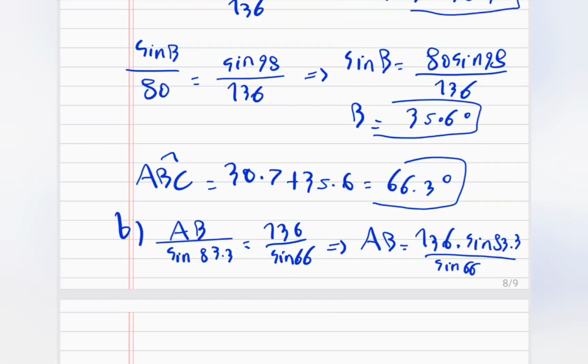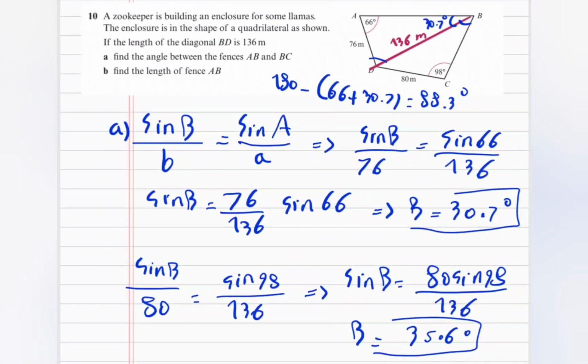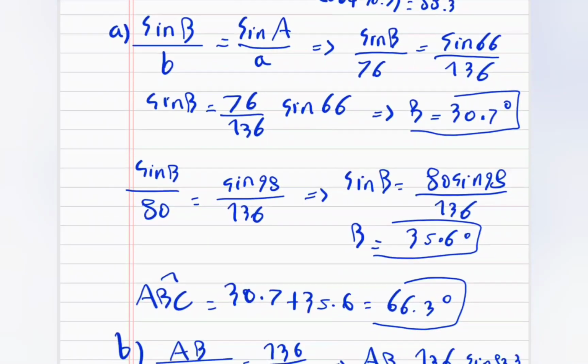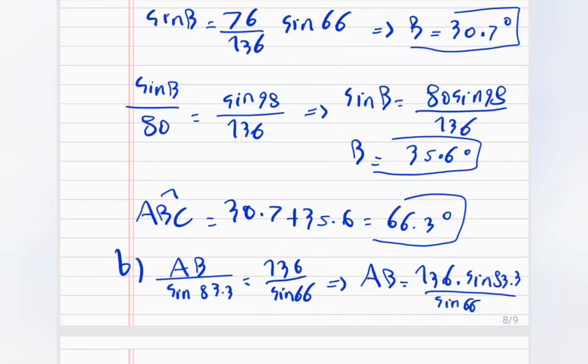The final answer is 147.9 to 4 significant figures. Since the previous values are all in three significant figures, we can also give the value in three significant figures, which is 148 meters. So AB is 148 meters to three significant figures.